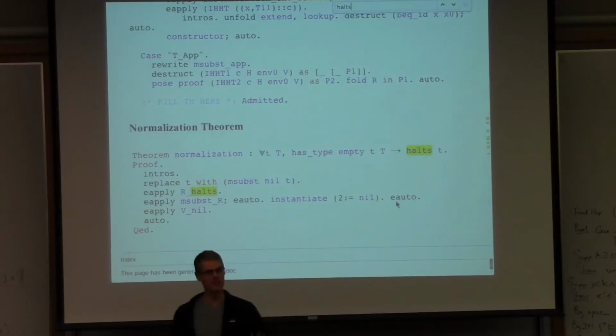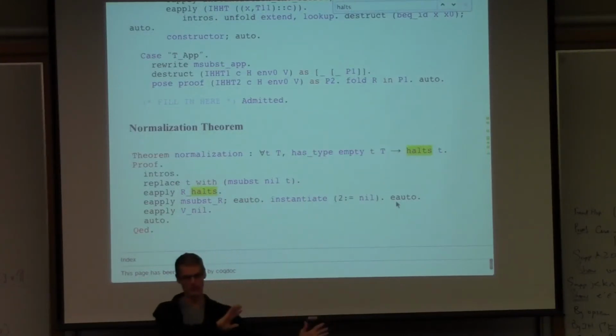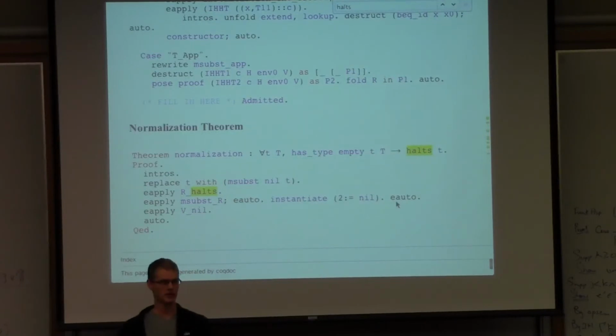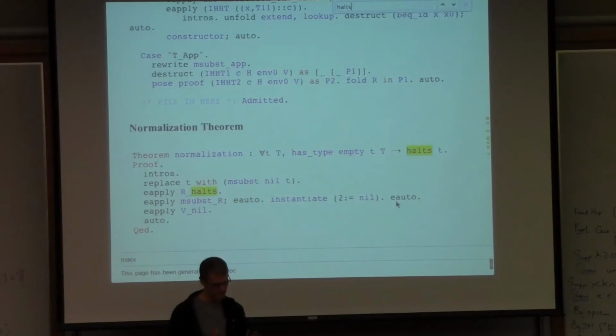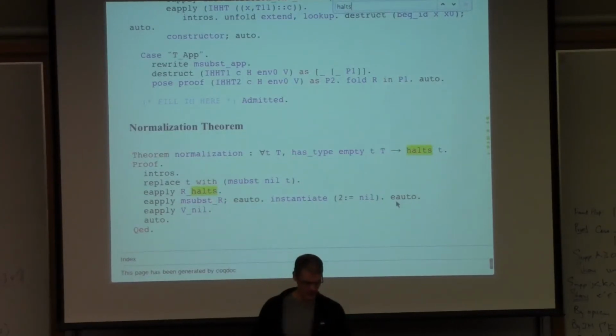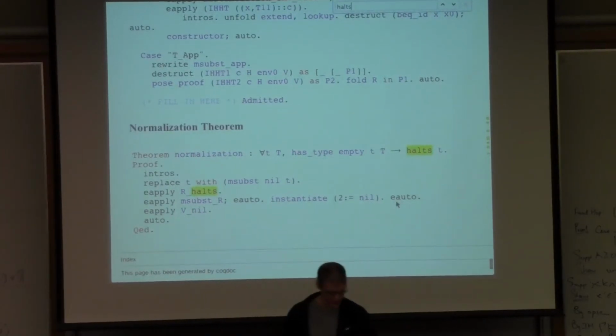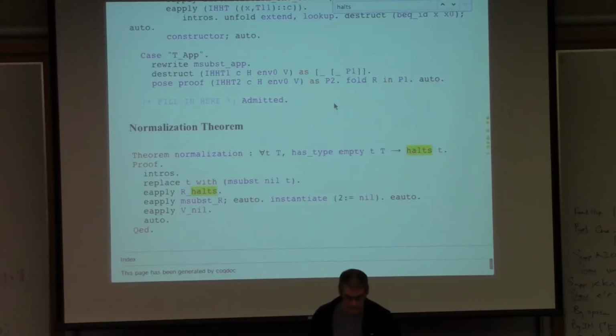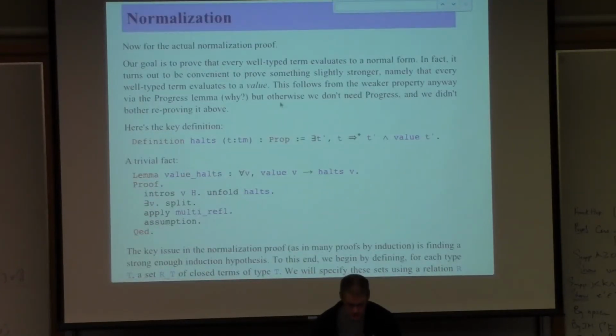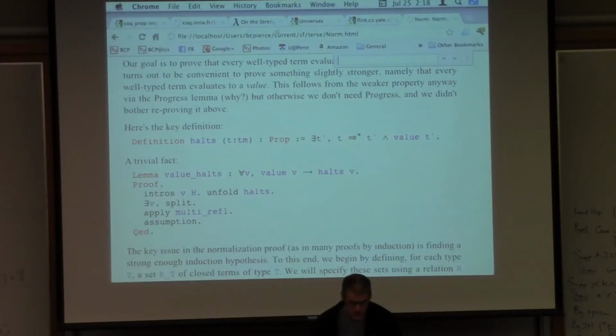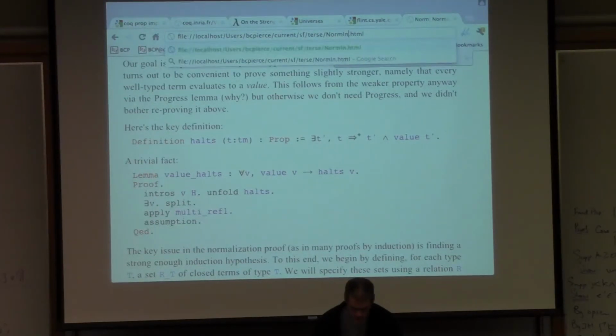So basically the same tactics work to build underlying proof objects that live in Type as opposed to in Prop. But the details are slightly different. So there's a version of, where is it? There's a version of this file called norm in type.